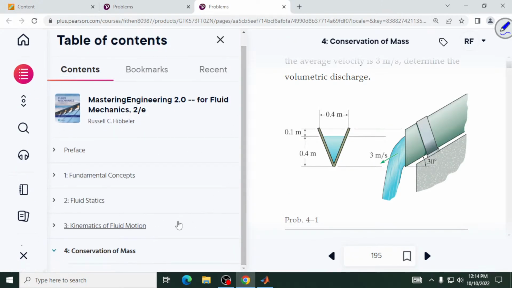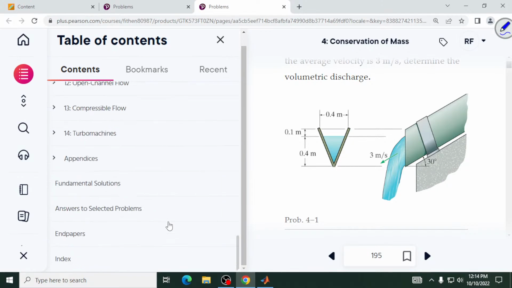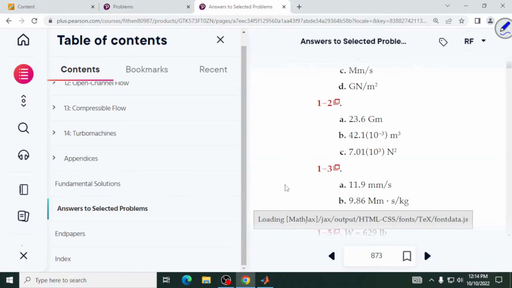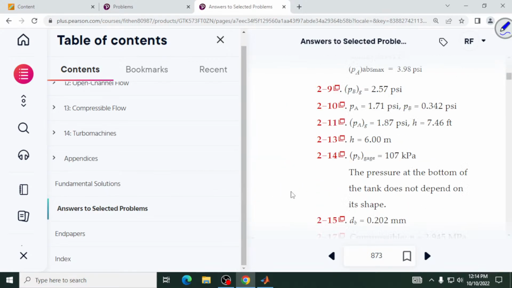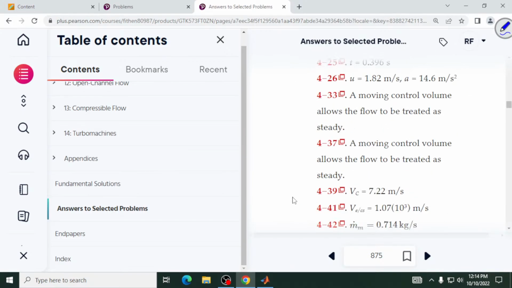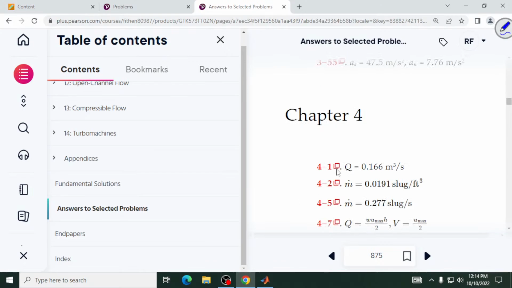Now, I should be able to go to the back, answers to selected problems. That one was 4.1. He says 0.166.